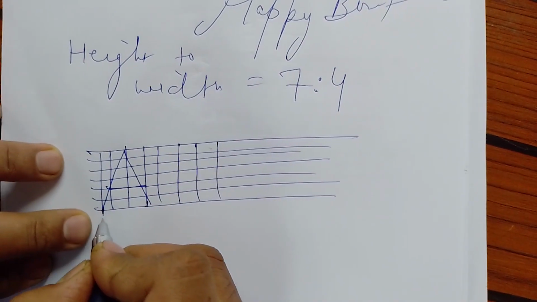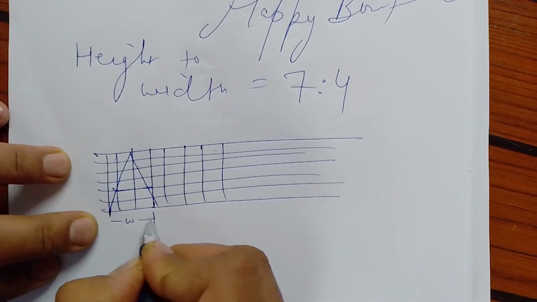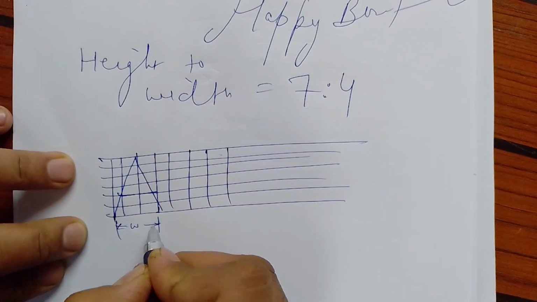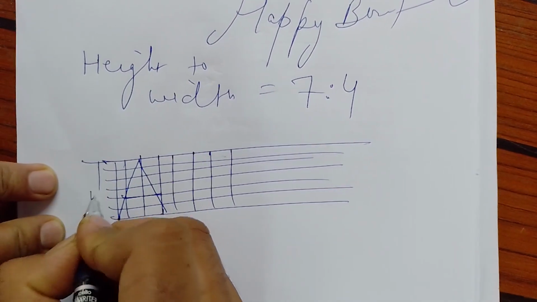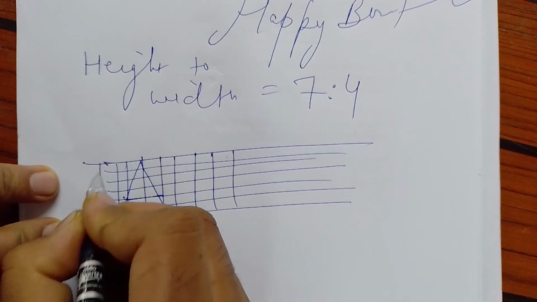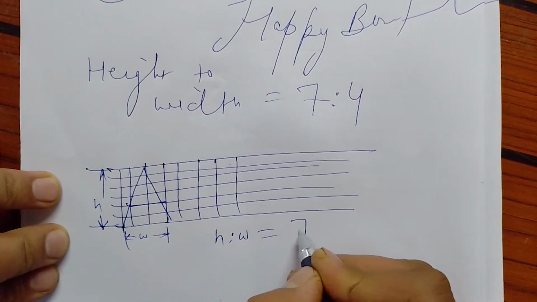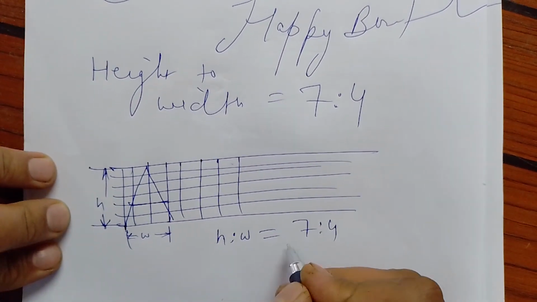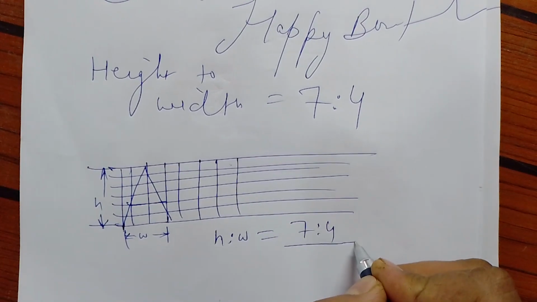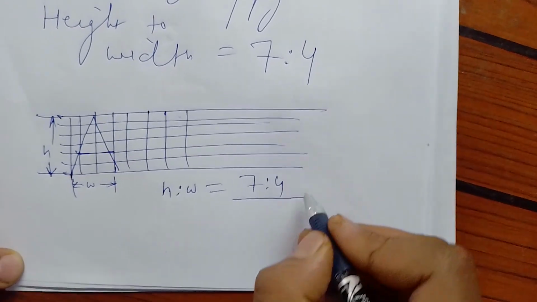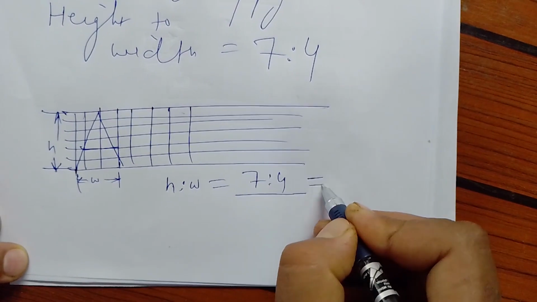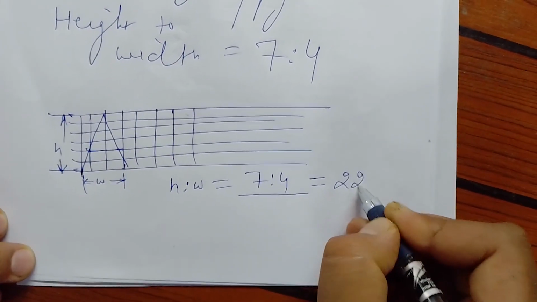This is width W and this is width W and this is height H. So H to W ratio is 7:4 for 22 letters.